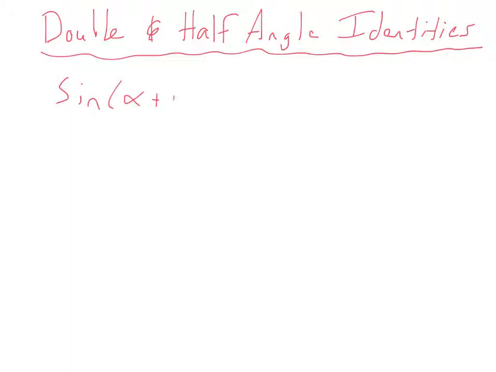the sine of the sum of two angles, let's call them alpha and beta, is equal to sine alpha cosine beta plus sine beta cosine alpha, right? Now, what if we just made those the same angle?